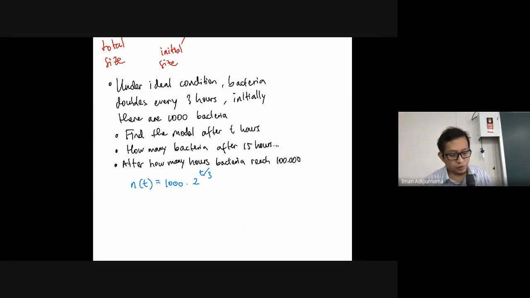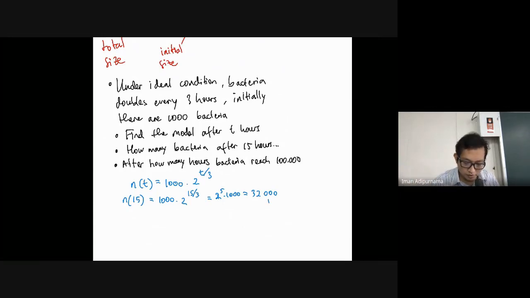We just plug in all the information we receive, and after 15 hours, so t become 15, okay, and then we need to find how many the bacteria. So I can write this as 32,000. So 32,000 bacteria.